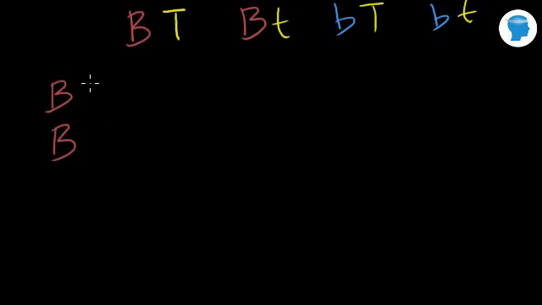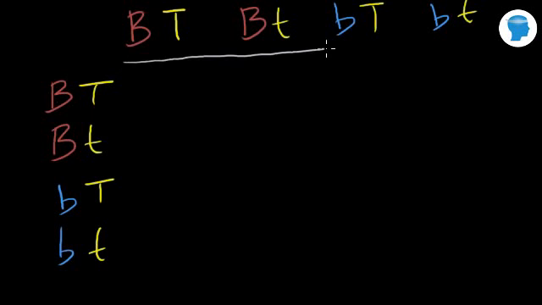The dad could contribute the big teeth or the little teeth along with the brown eye gene, or he could contribute the blue-eyed allele in combination with the big teeth or the little teeth. So these are all the different combinations that can occur for their offspring.